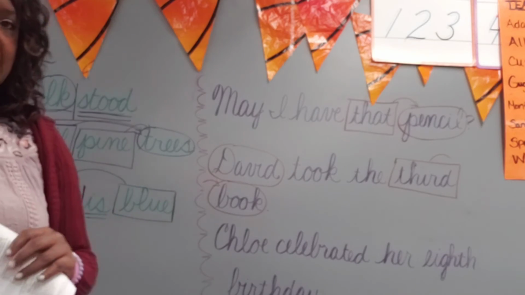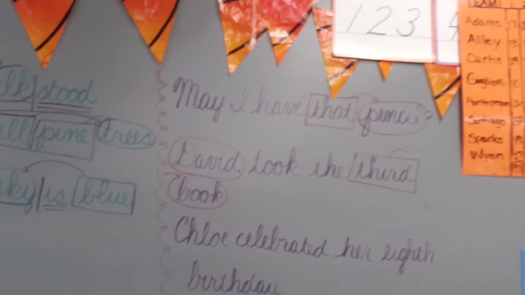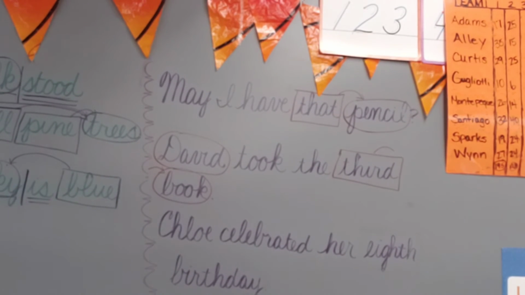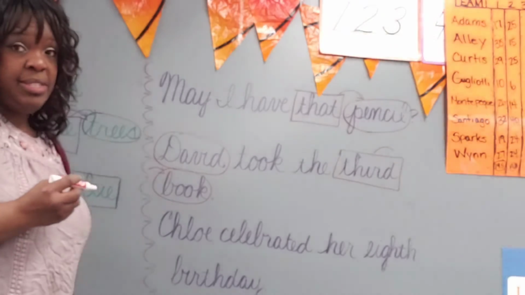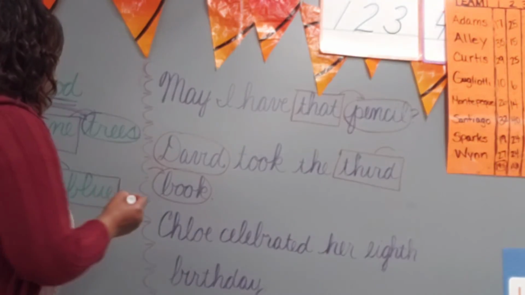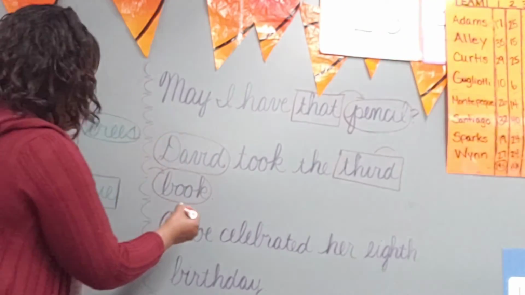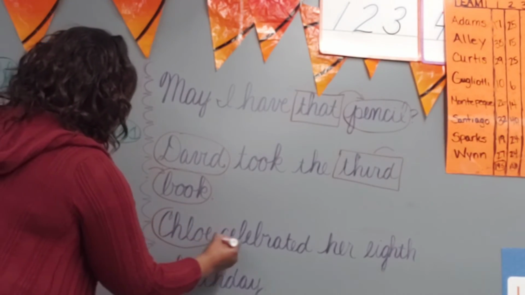And then our last sentence, and I want to make sure that you guys can see the whole thing. It says, Chloe celebrated her 8th birthday. So what are our nouns in that sentence? First noun, Zoe, because it rhymes with Chloe, so I thought I'd choose you. Chloe, very good.